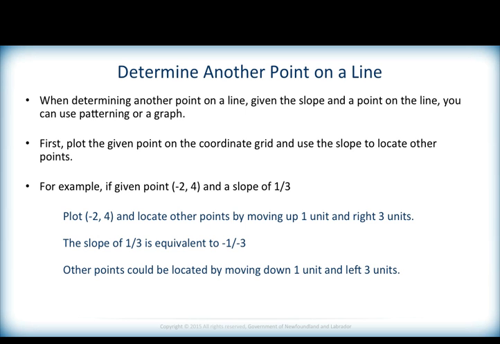And you can also keep in mind that the slope of +1/3 is also equivalent to -1 divided by -3. So instead of saying 1 unit up and 3 right, you could also say 1 unit down and 3 units left. That could produce the other side of your graph. So you could go in either direction as long as the resulting line segment is positive or negative depending on your slope.